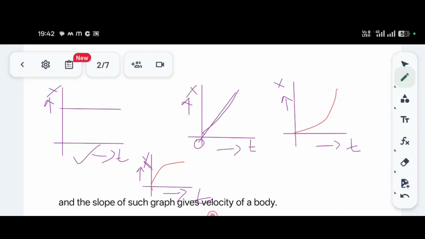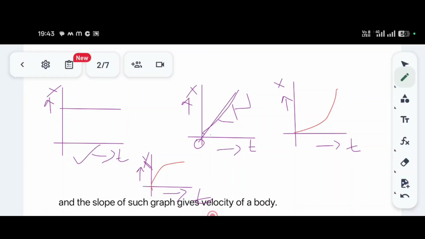Such a graph has uniform velocity and uniform positive acceleration. If you take the slope anywhere on this line, you will see that the velocity is constant.